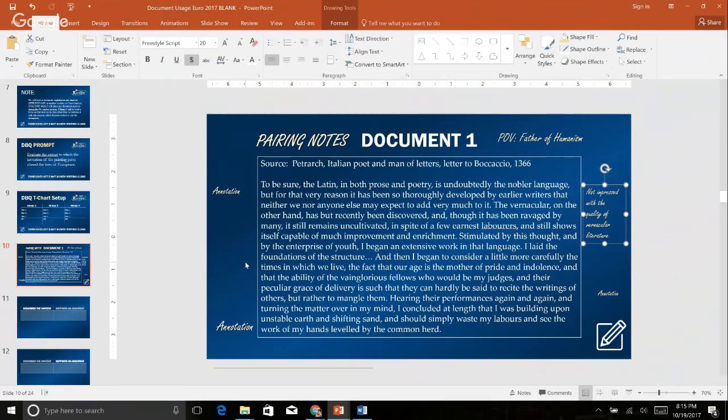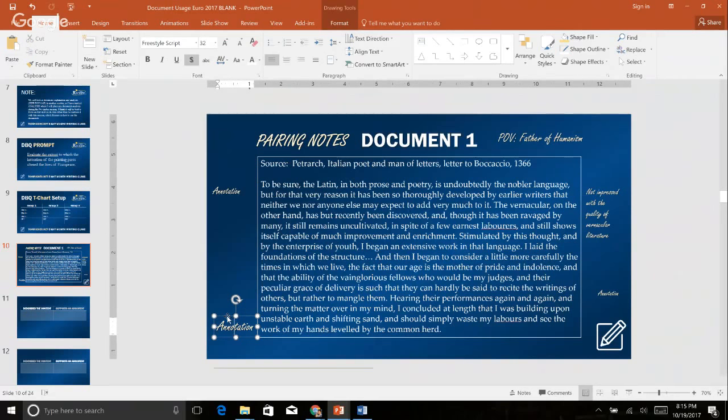Hearing their performances again and again and turning the matter over in my mind, I concluded at length that I was building upon unstable earth and shifting sand and should simply waste my labors and see the work of my hands leveled by the common herd.